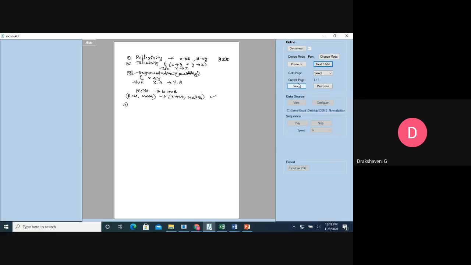Then fourth one is what? Union. What is union? How do we say union? If x tends to y and x tends to z, then x tends to yz.